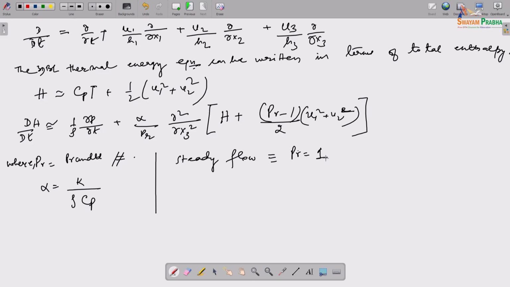So if you see here the total enthalpy then is constant everywhere if the wall is insulated. Make sense? So if you look at this equation here, for steady flow, Prandtl number is equal to 1, which means this term will completely vanish.